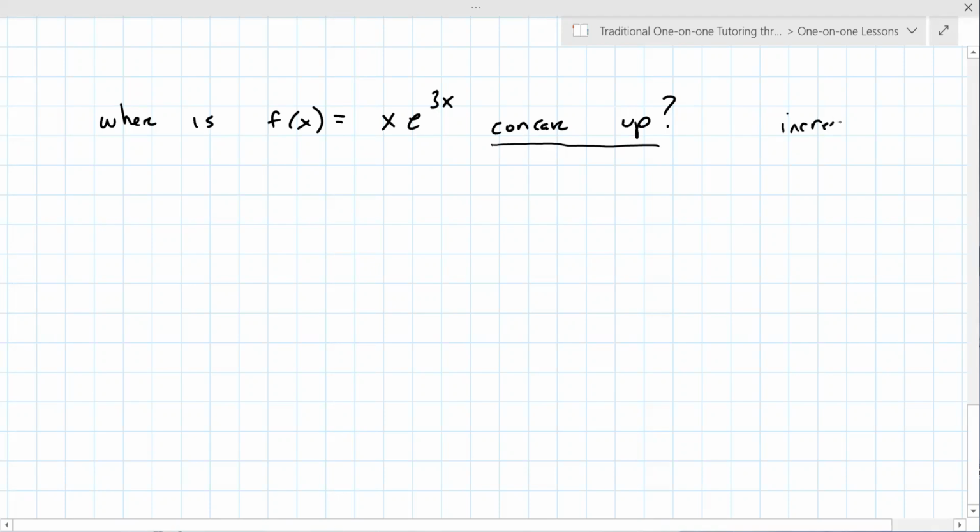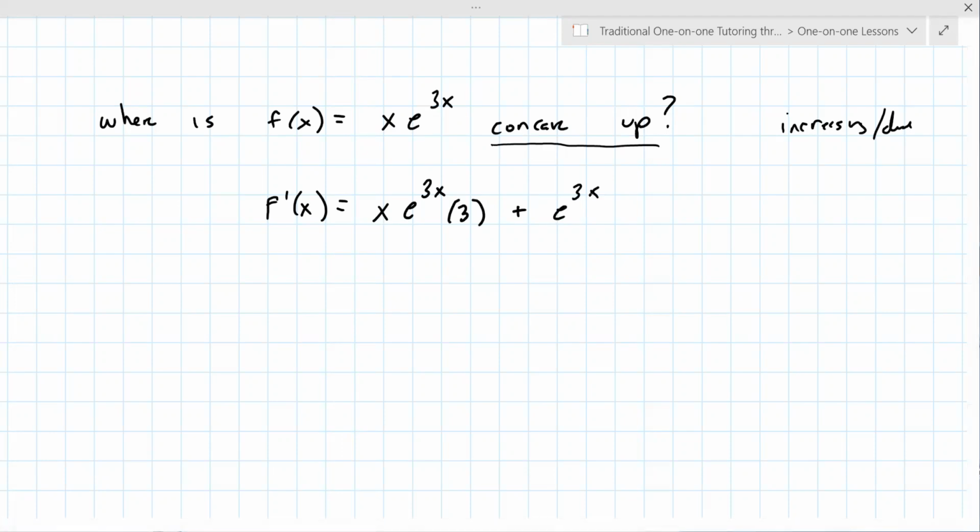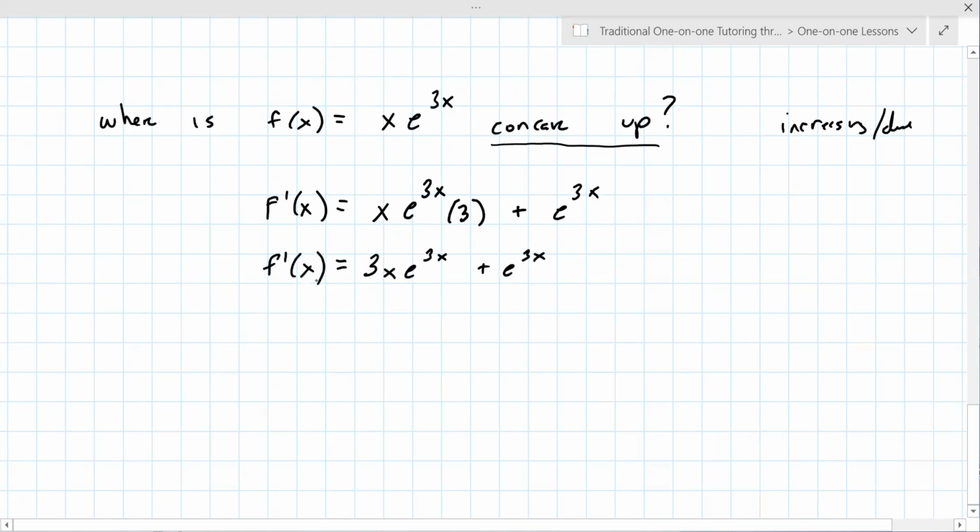Increasing and decreasing is the first. So you have to take two derivatives. The first derivative uses the product rule: the first times the derivative of the second, plus the second times the derivative of the first. Then I would simplify it a little bit and write 3x e to the 3x plus e to the 3x, and then take a second derivative.